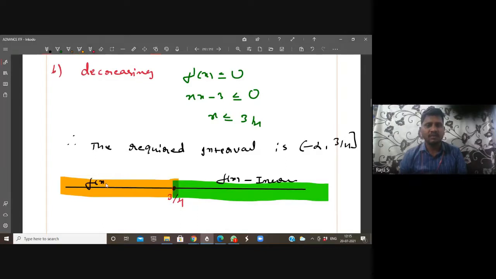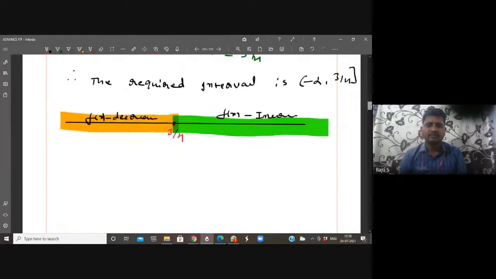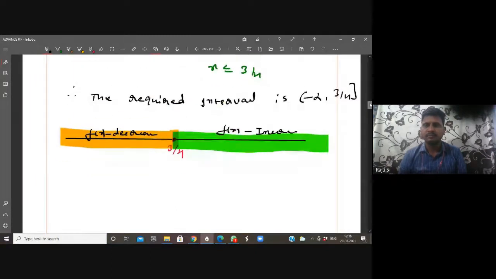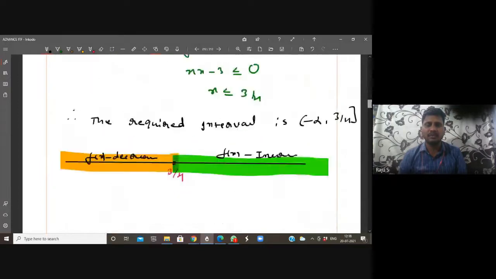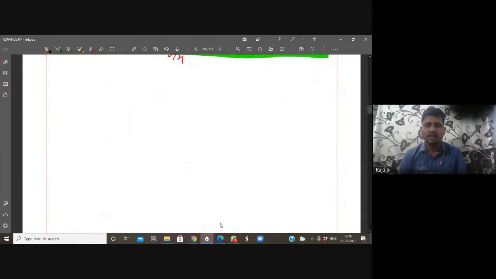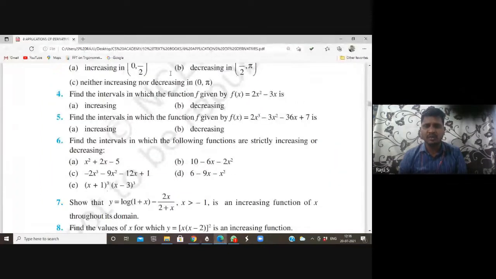So the point 3 by 4 divides the real line into two disjoint intervals, that is, minus infinity to 3 by 4 and 3 by 4 to infinity. That's all. This is enough to write.